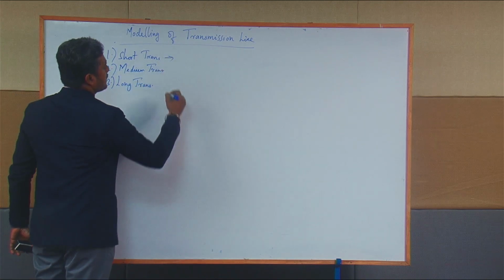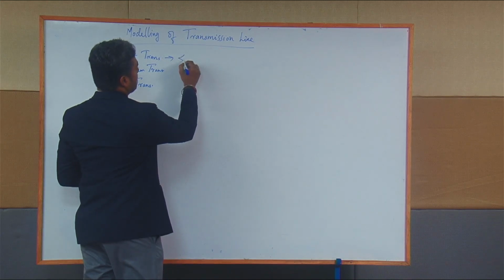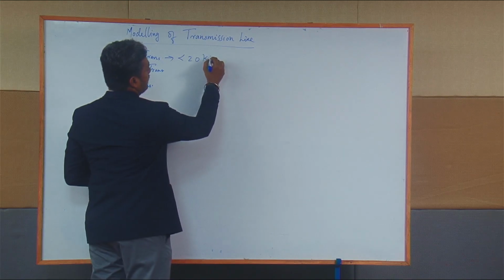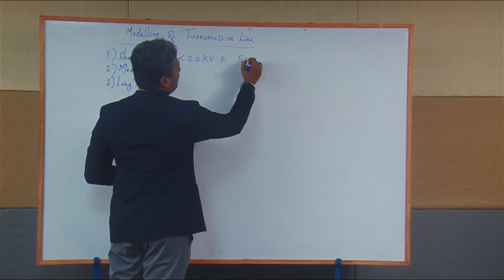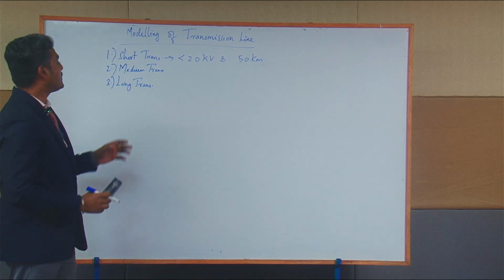In short transmission line, the voltage level is less than 20 kilovolt and about 50 kilometers of transmission line represents the short transmission line.